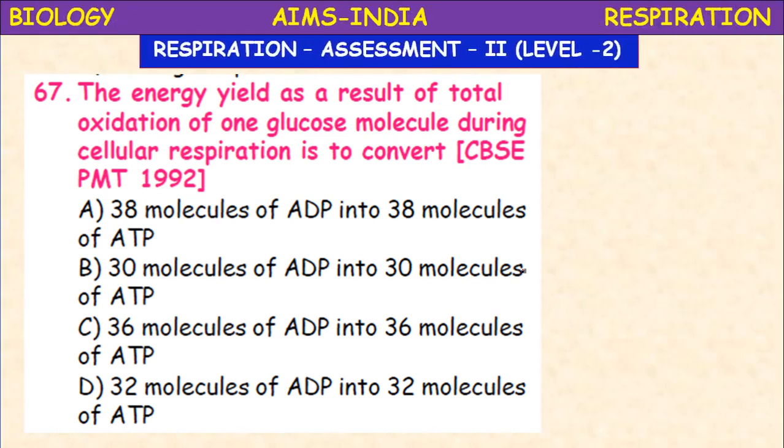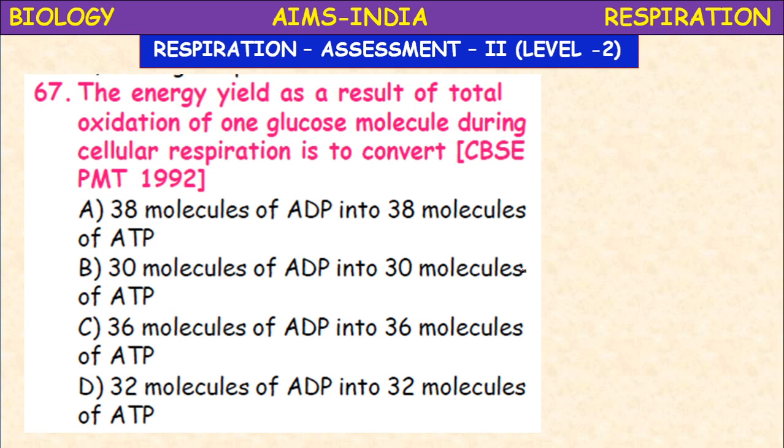Next, the energy yield as a result of total oxidation of one molecule of glucose during cellular respiration is to convert 38 molecules of ADP into 38 molecules of ATP, 30 molecules of ADP into 30 molecules of ATP, 36 molecules of ADP into 36 molecules of ATP, 32 molecules of ADP into 32 molecules of ATP.